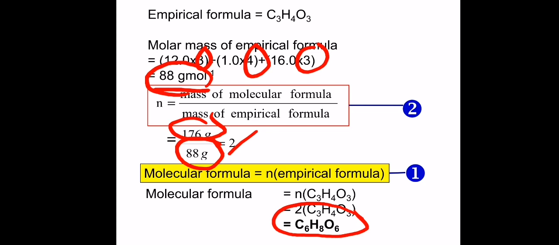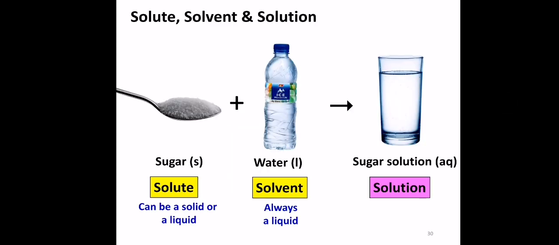And do not forget, do not round off the value. If you get a simplest ratio of 1.5, just times each of the elements by 2.